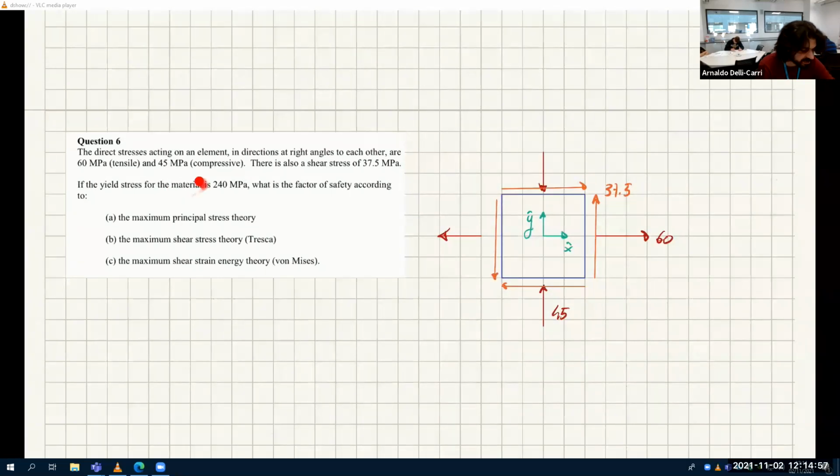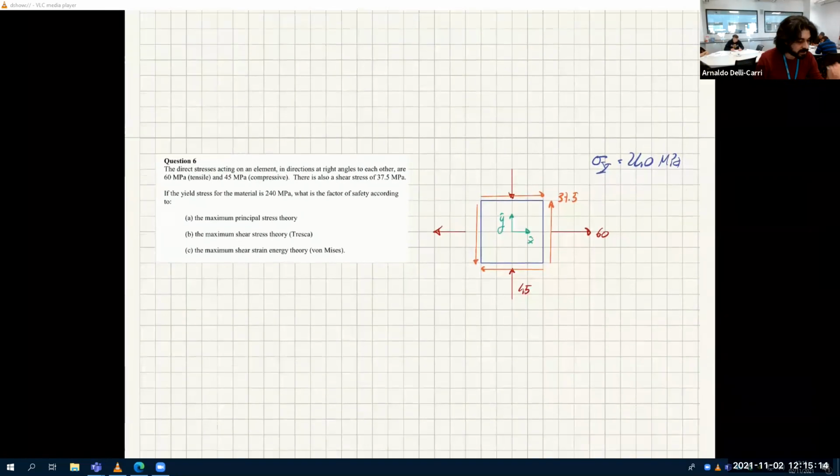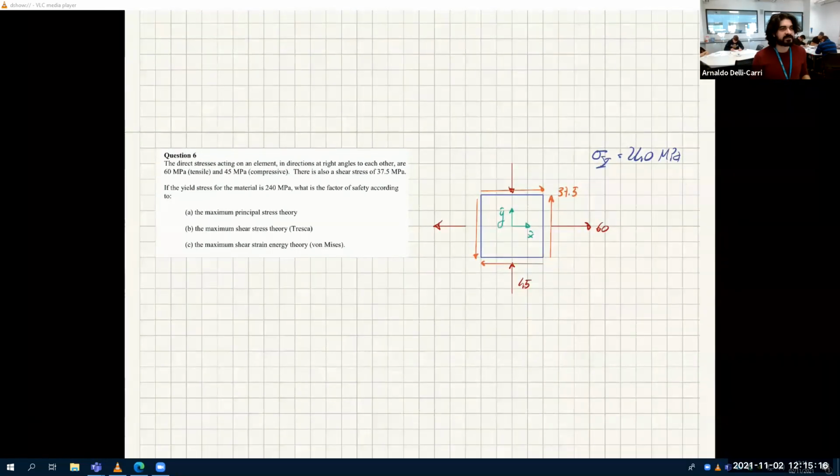We also know that the yield stress of the material is 240 megapascal. So let me write here that the yield stress is 240 megapascal. Let's find the safety factor according to these three different criteria: maximum principal stress, maximum shear stress, and maximum shear strain energy.